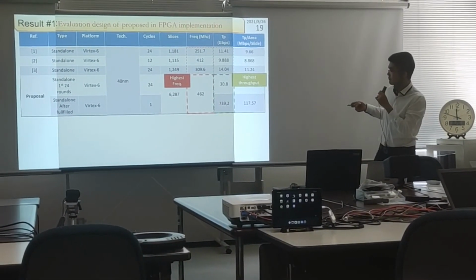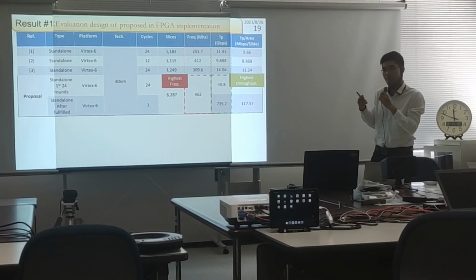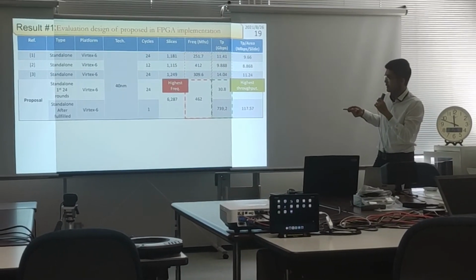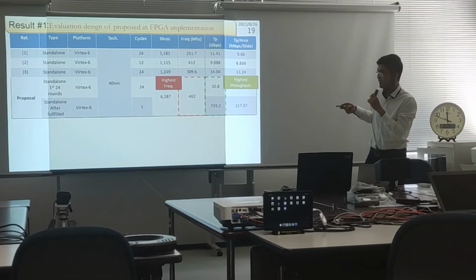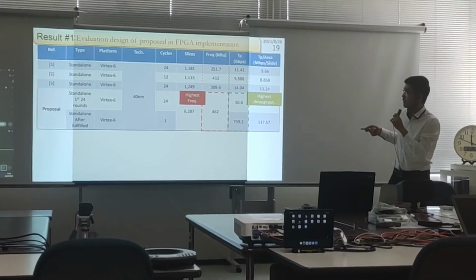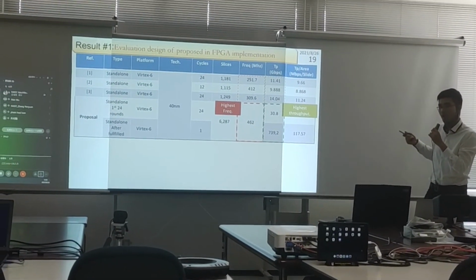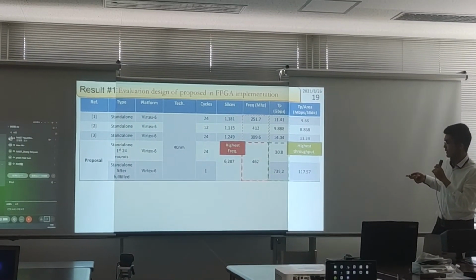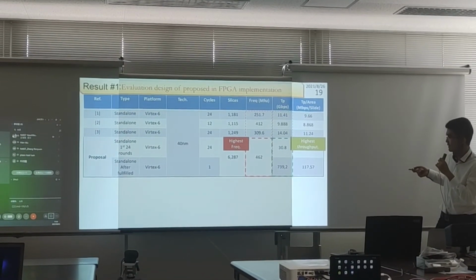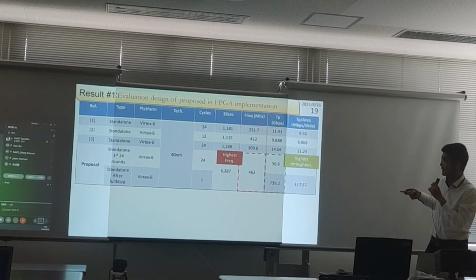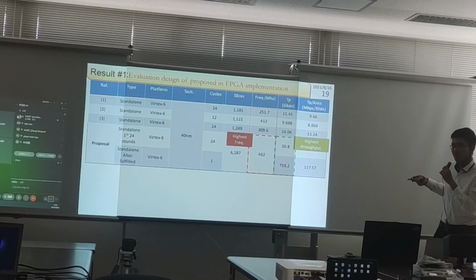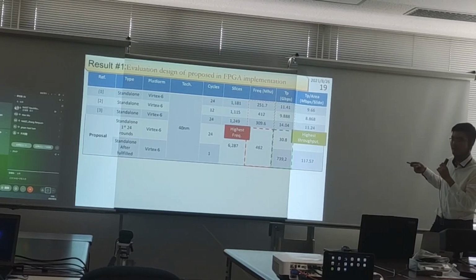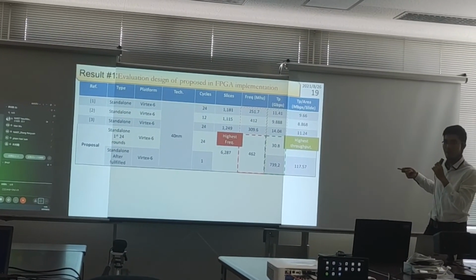Our throughput is also very high, because we use the fully unrolled system. That means after the first 24 loops, the cycle is only for one pass function. So it boosts my throughput to around 700-something, which enhances throughput a lot compared with older research.